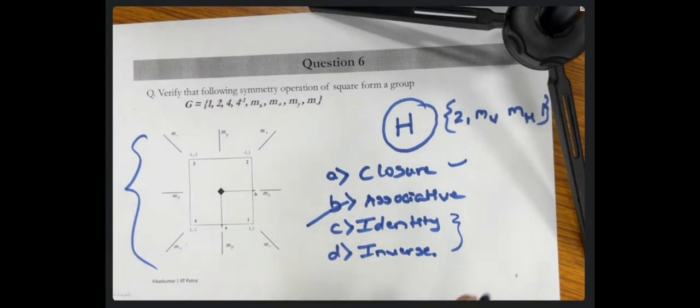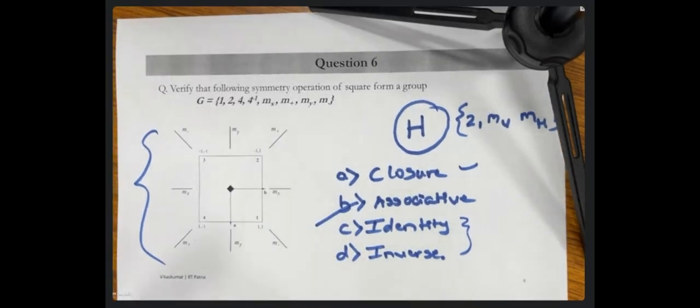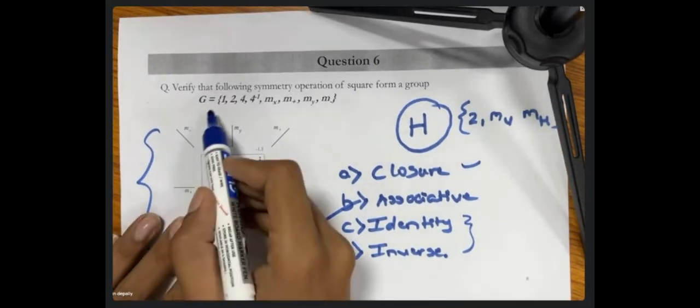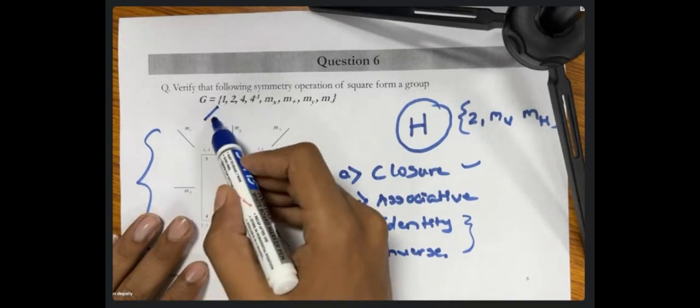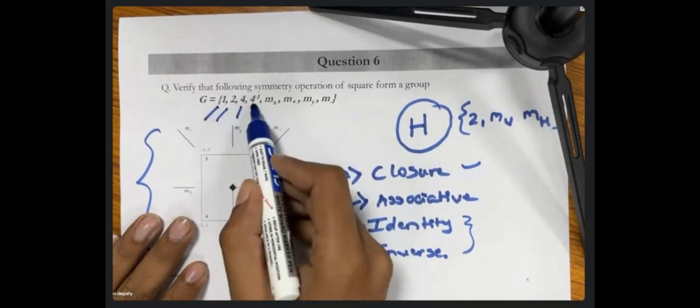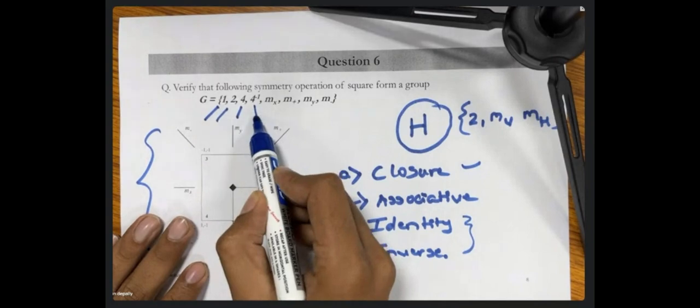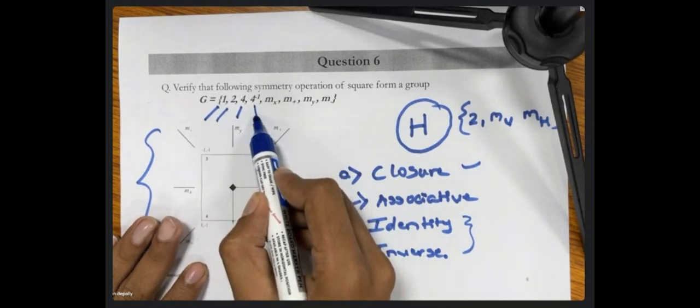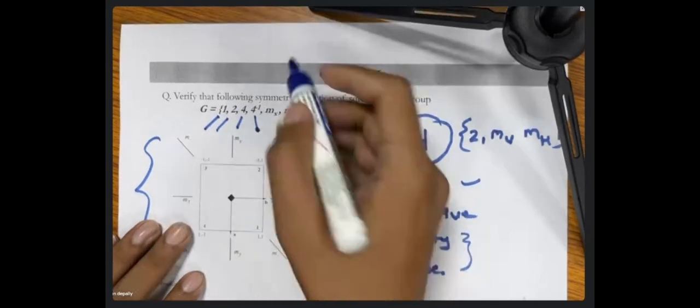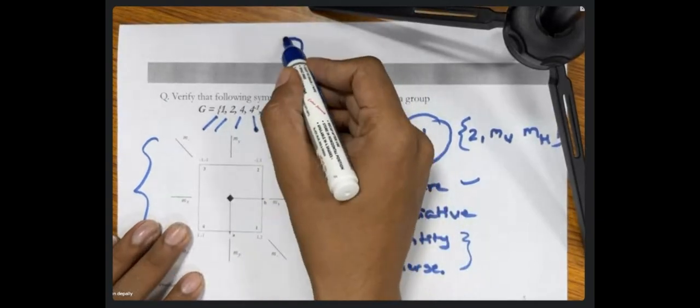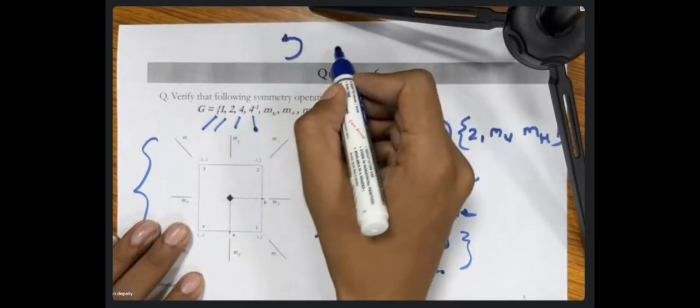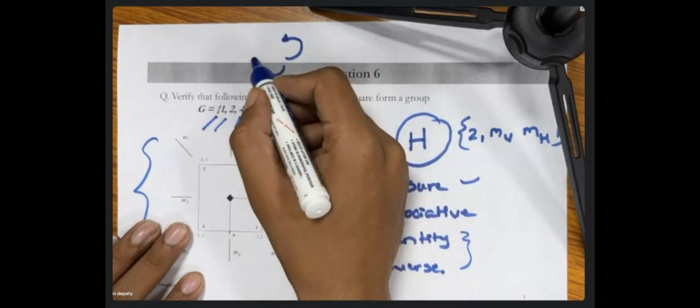So the elements are one, twofold, fourfold, and four inverse. That is a fourfold itself, but the direction is inverse. If fourfold is in the clockwise, four inverse will be in the anti-clockwise 90 degrees rotation.